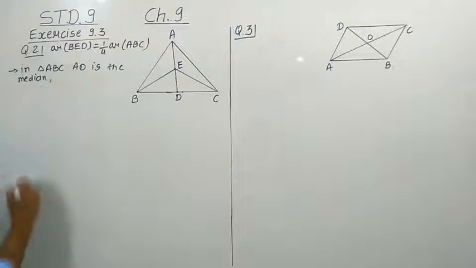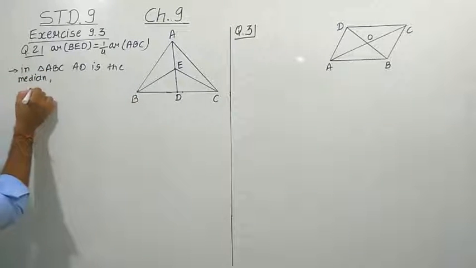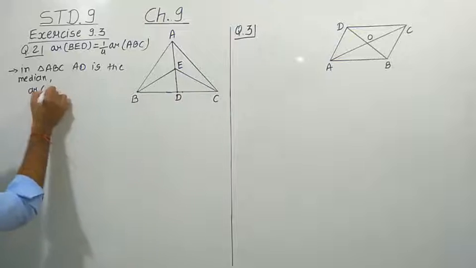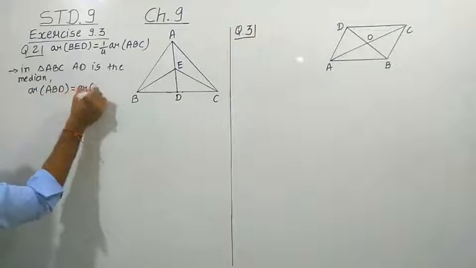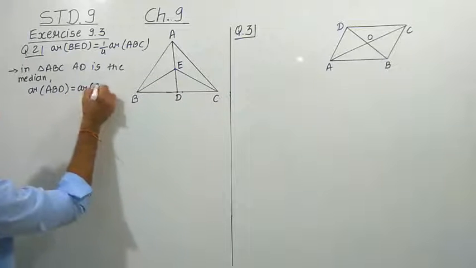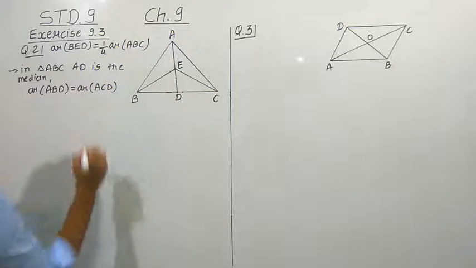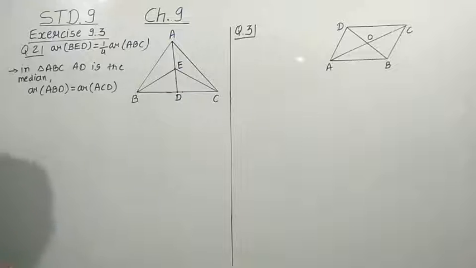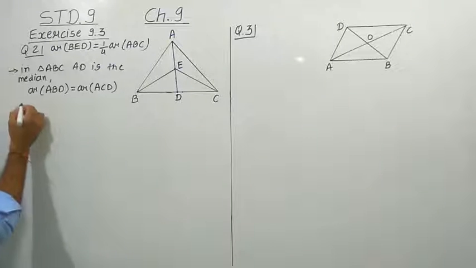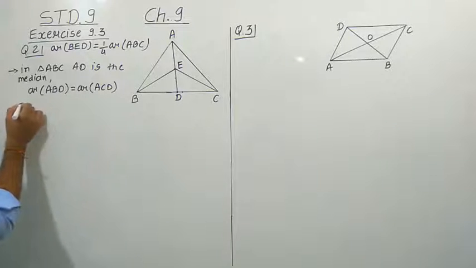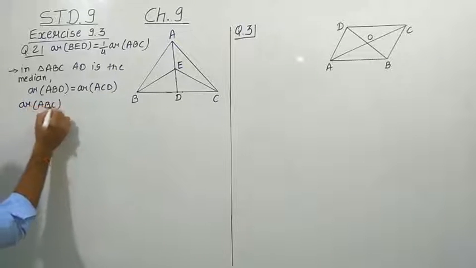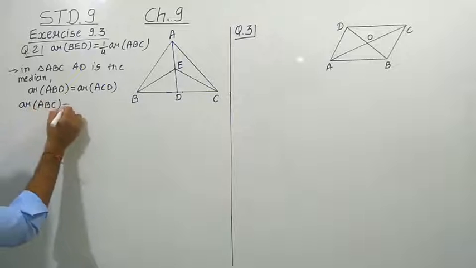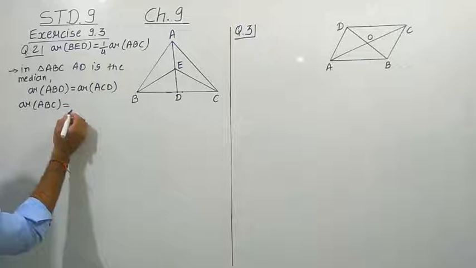So the result we can write down is that area of ABD is equal to area of ACD, right? As both these areas are equal, the area of total triangle ABC is the addition of both these areas.